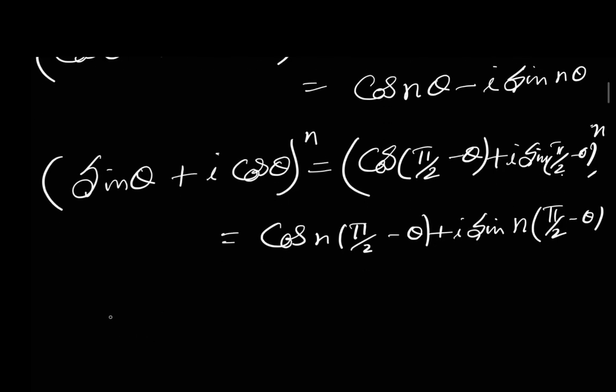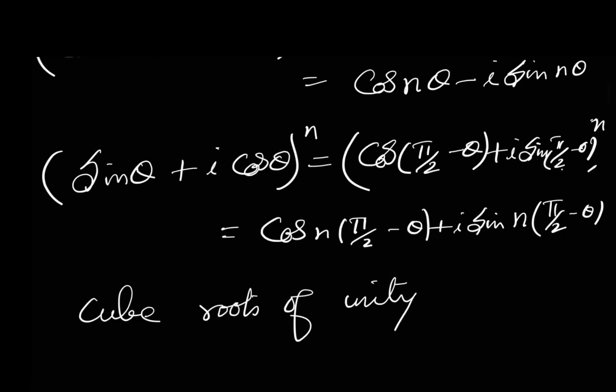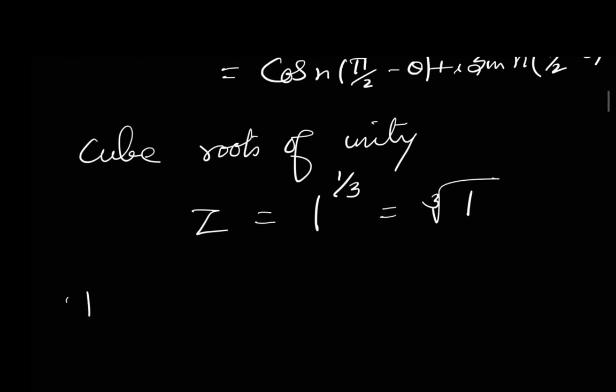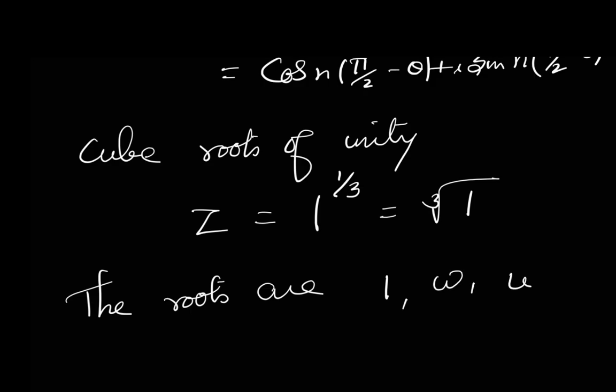Next we will see the cube roots of unity. Suppose z is a complex number that is the cube root of unity, that is, cube root of 1. The roots for this are 1, omega, omega squared.